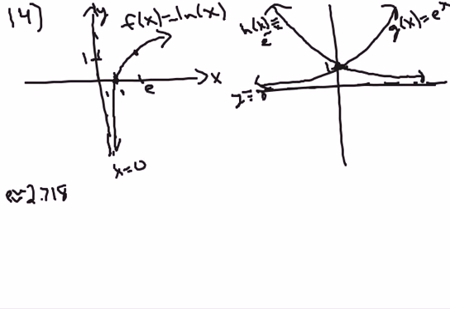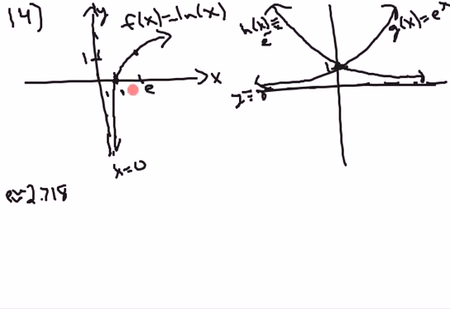Okay, so option A, f of x equals ln of x has a domain of all real positive numbers. If you look at ln of x, the domain is obviously not including 0, okay? And it does include all positive real numbers, which is what the option is giving us.